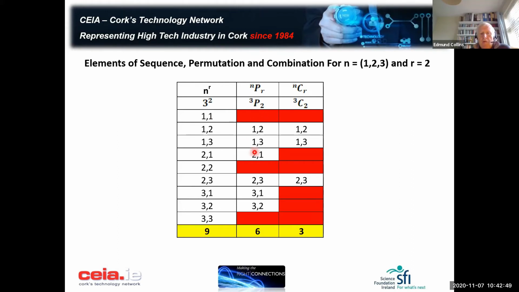It can be used again down here in 2, 1, but that's the rule of a permutation. In a sequence, yes, it can be used, but in a permutation you use the 1 here, 1, 2, but you cannot then use the 1 again.